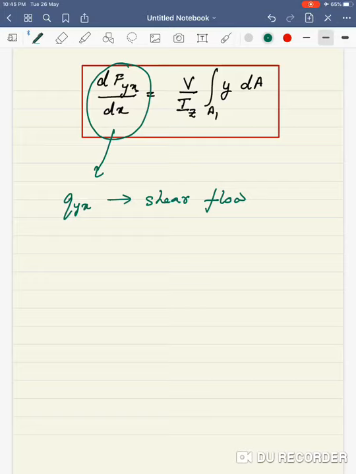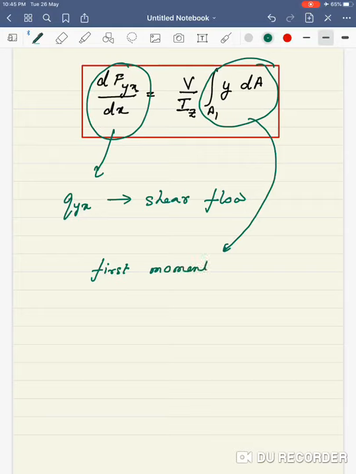And this particular integral right here is often also called Q. This is the first moment of area, often denoted by Q.